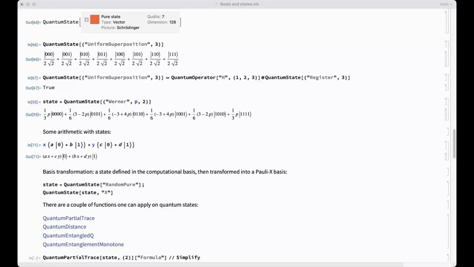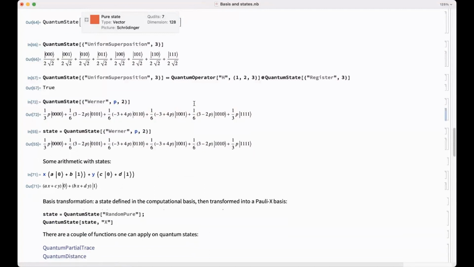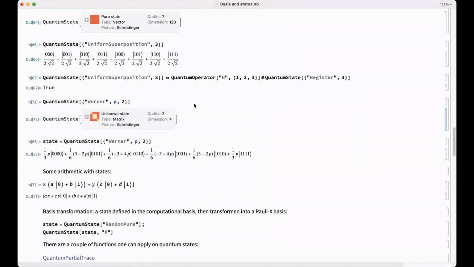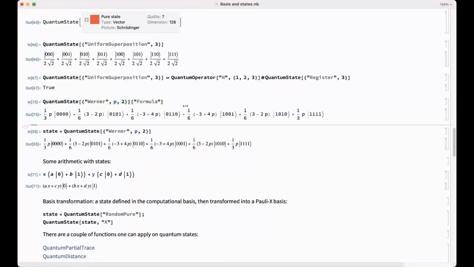Which output forms can you apply to quantum states? Well, only the traditional form. By the way, whenever we press a form, there's only a traditional form and a normal form. Traditional form is the same as asking for a formula, maybe formatted differently.